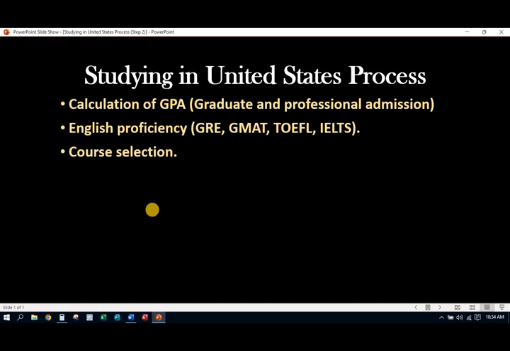For instance, in most occasions, you find them emphasizing STEM courses, or courses in science, technology, engineering, and mathematics. Like now, we have courses like business analytics, data analytics, IT, computer science. They will emphasize those courses. So those are the courses you are supposed to choose.